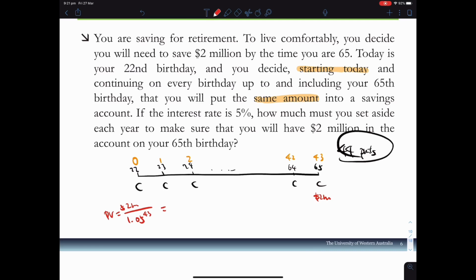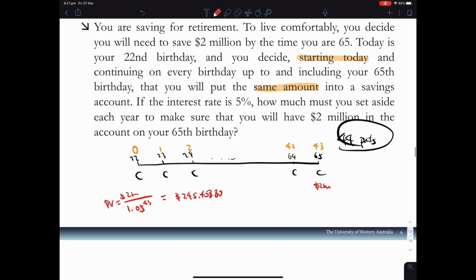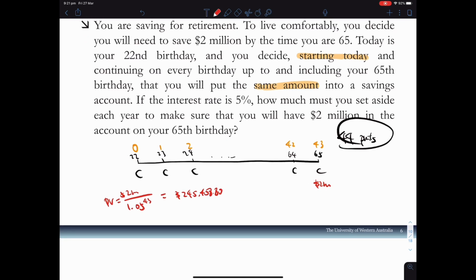And that will give you 245,408.80. And then my second present value, I'm going to use black color. It's going to be the present value of C plus C divided by 1.05 plus C divided by 1.05 squared plus all the way to C over 1.05 to the power of 43.